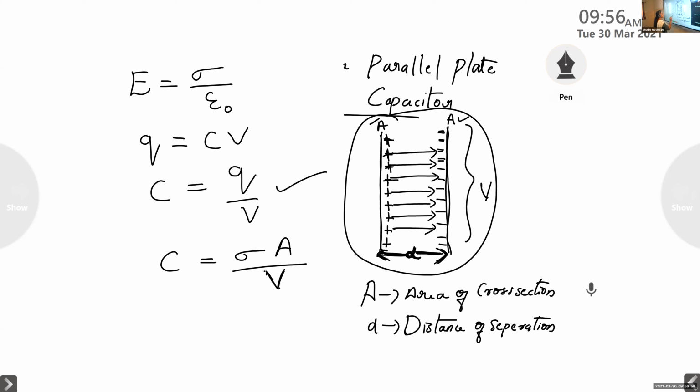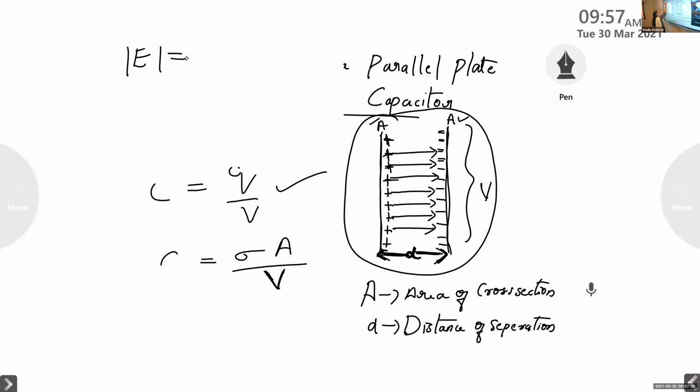Now we want to find the potential of this capacitor. For that, we recall the relation between electric field and potential. It is given by E is equal to negative dV by dx, that is, the potential per distance gives the electric field. The magnitude of E, the modulus of E, is given by positive dV by dx, where dV is the small potential and dx is the small distance of separation.